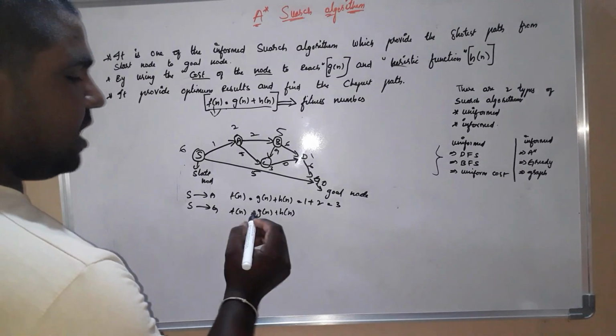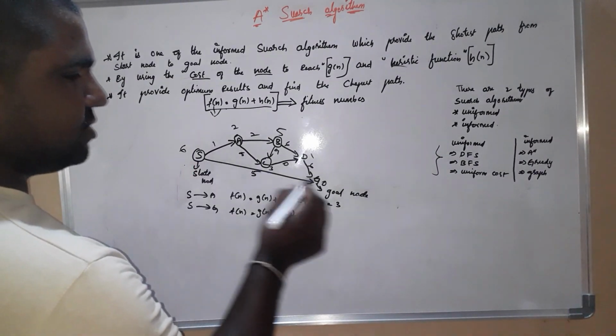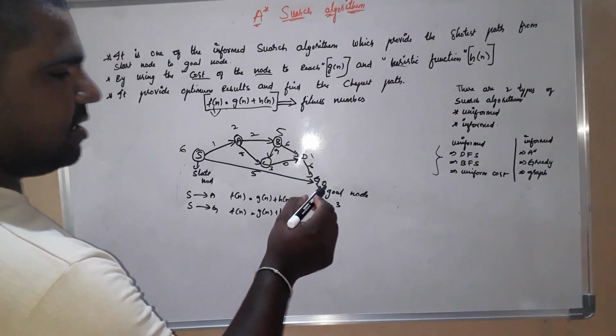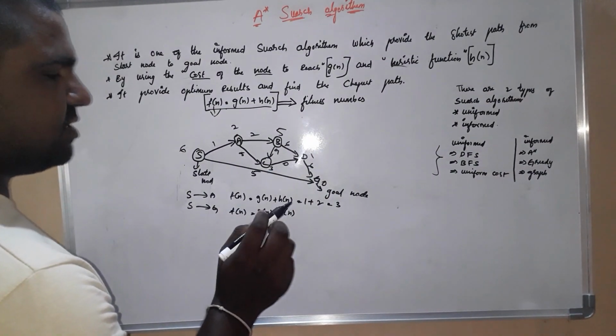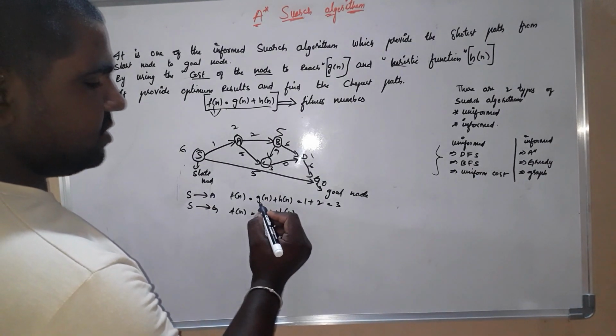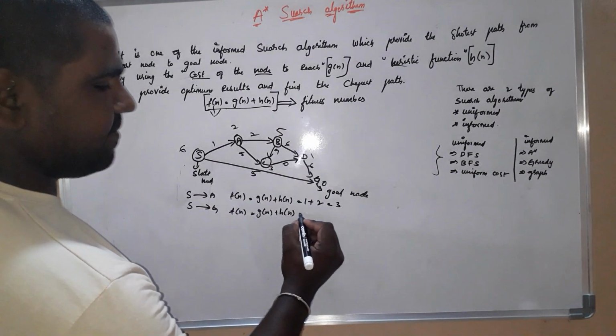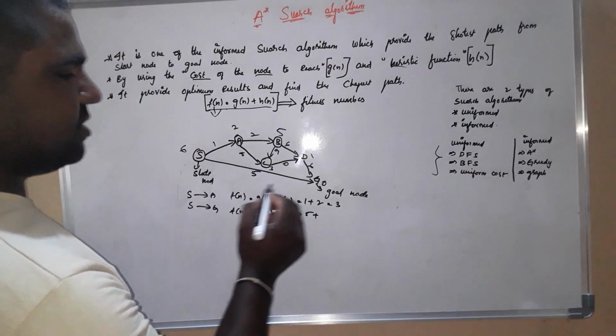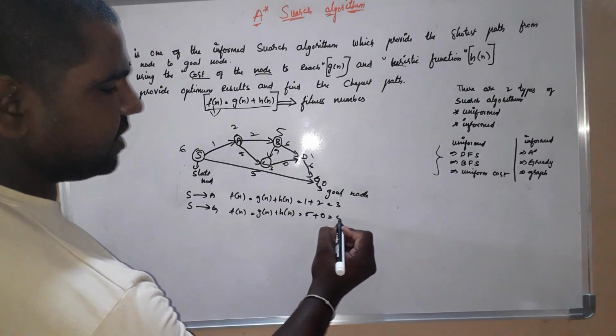Okay, and here the next case, S and G. If the start node is 6 and the goal node is 0, that is the heuristic function. And g of n is 5, 5 plus the goal node heuristic function 0, that is 5.